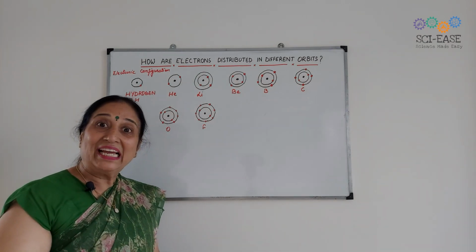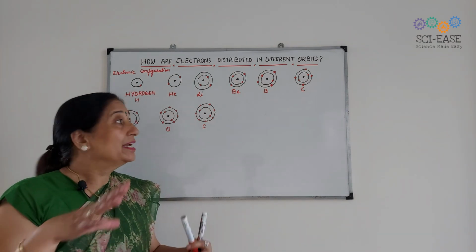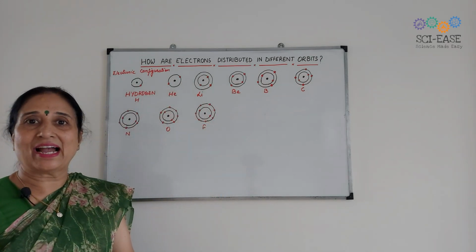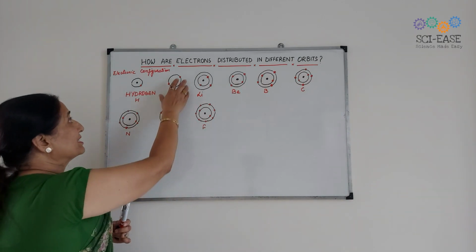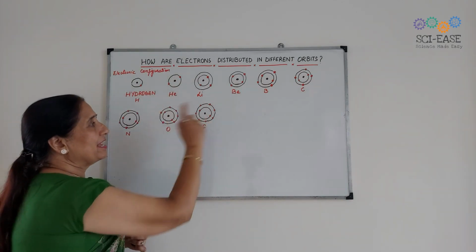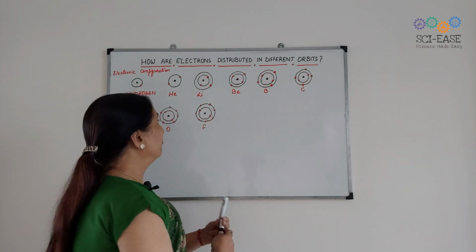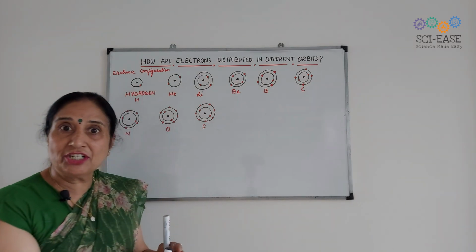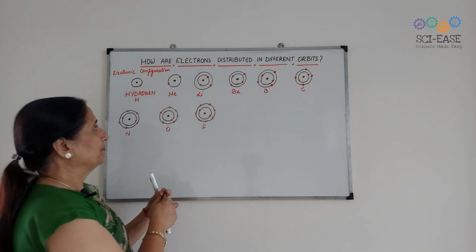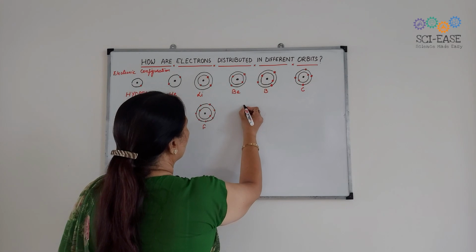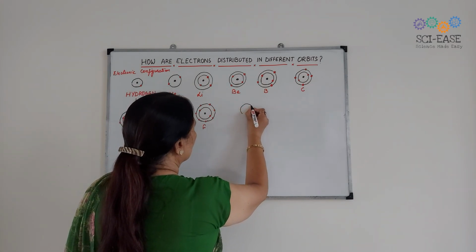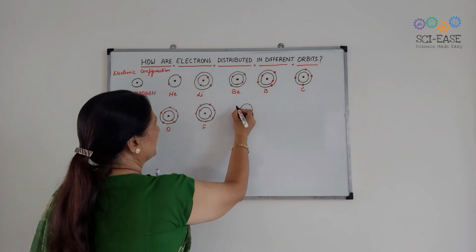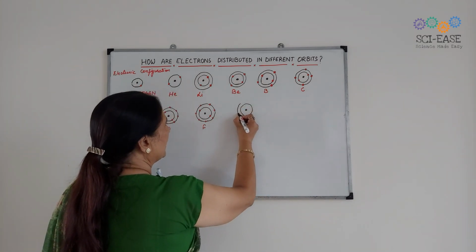Then comes neon. Helium is an inert gas, and neon is also an inert gas. It means the shell is fully filled. The maximum number of electrons that can be accommodated in the second shell is 8. So this is the first shell, this is the second shell.